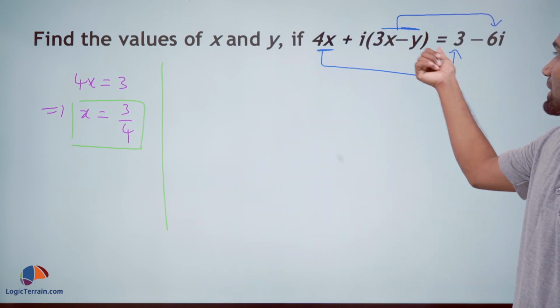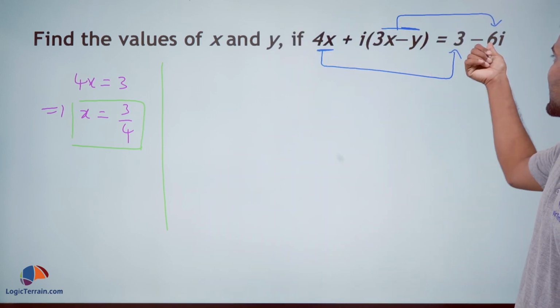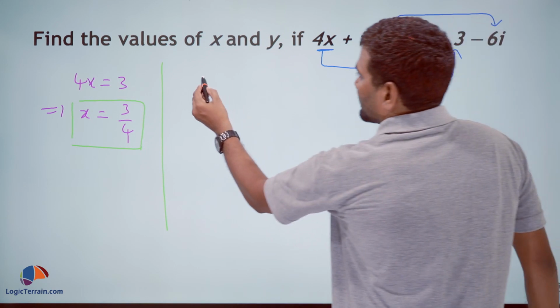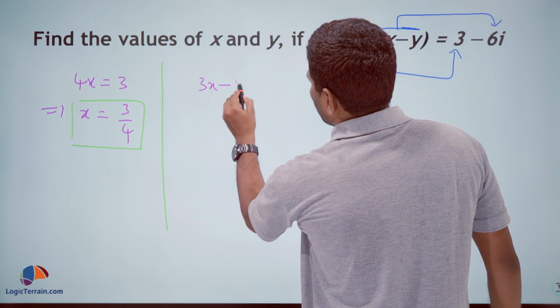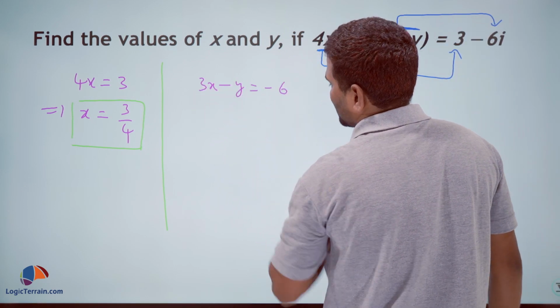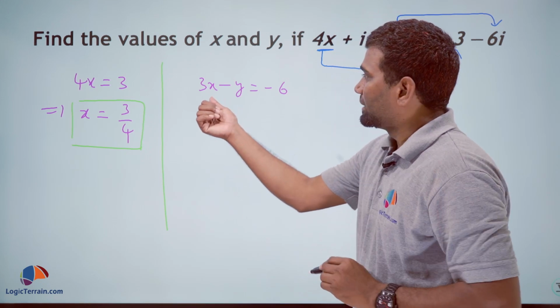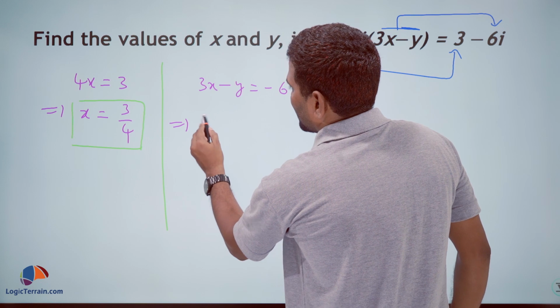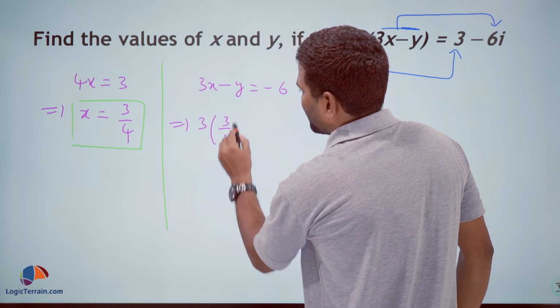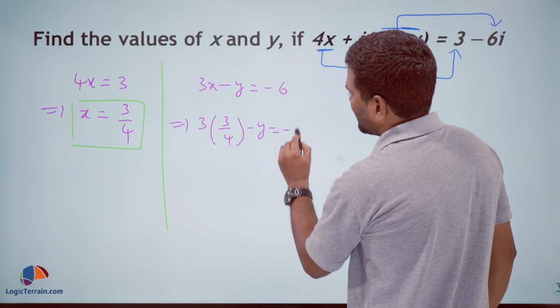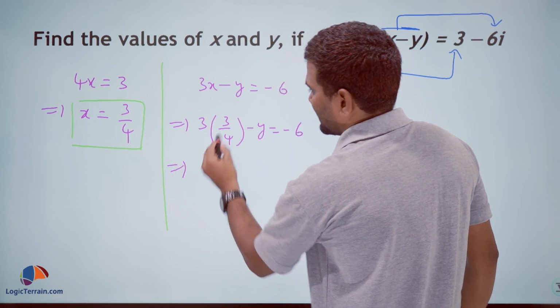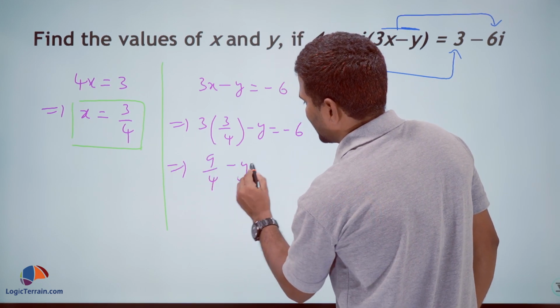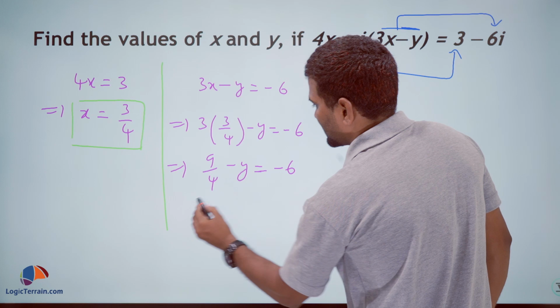Now the other part, 3x - y = -6, and we know x is 3/4. Substitute here: 3 times 3/4 - y = -6. Further, 3 times 3 is 9, so 9/4 - y = -6.